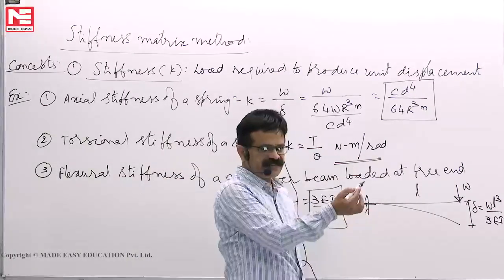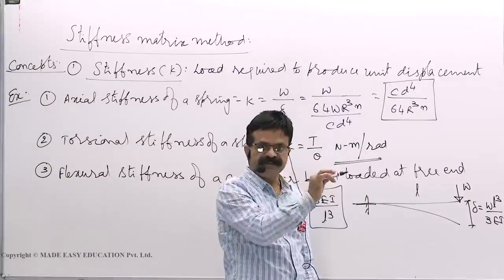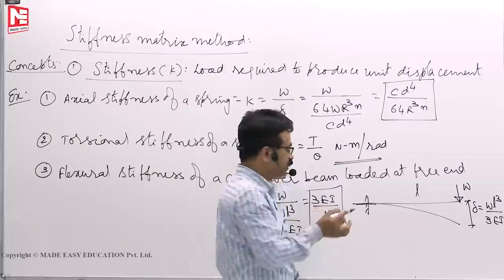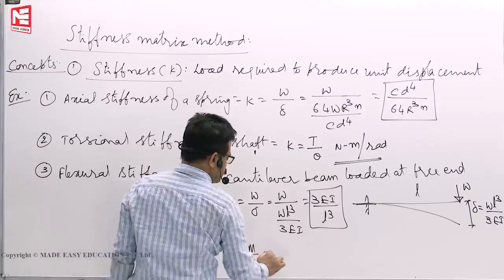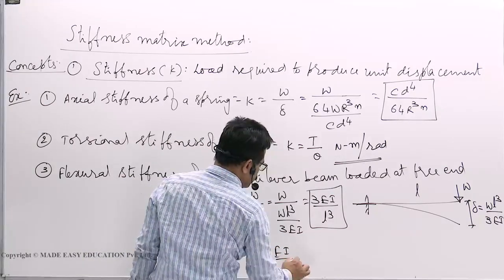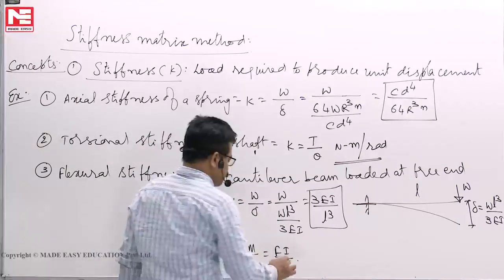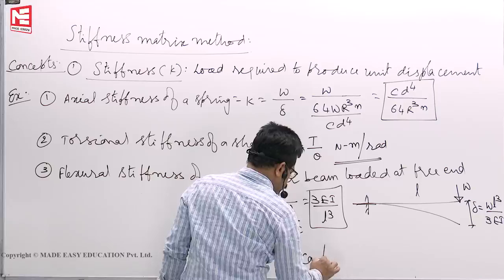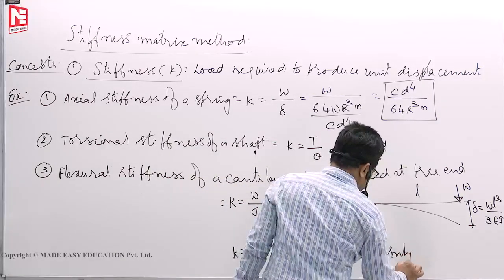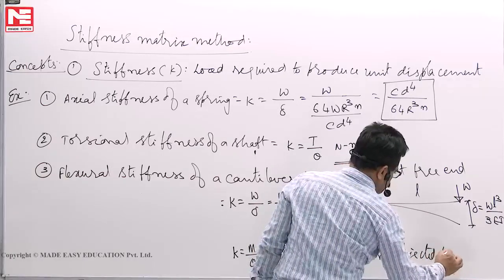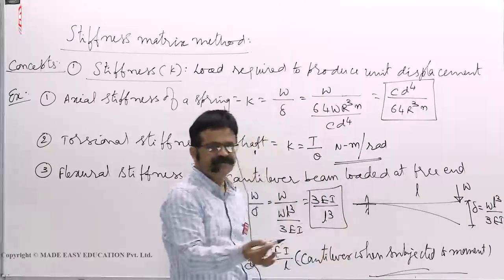If you want to find the flexural stiffness of a beam when it is subjected to moment, then in the moment distribution method I have given M by theta, moment required to produce unit rotation, EI by L. You got it. This is the flexural stiffness of a cantilever beam when subjected to moment. So stiffnesses are of different types.